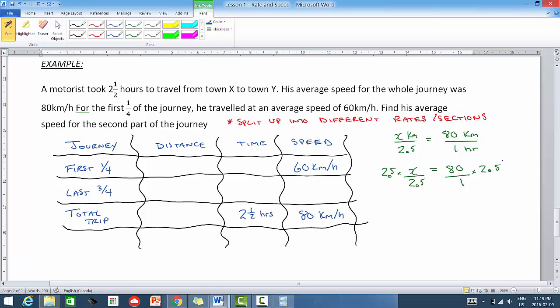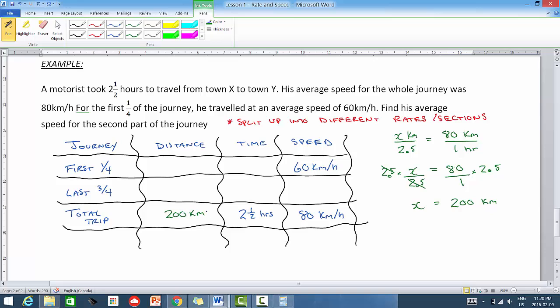So these 2.5s cancel out. We're left with x equals 80 times 2, which is 160, and a 0.5, which is 40. So 160, another 40 is 200. So 200 kilometers. This x comes from up here, x kilometers, 200 kilometers. So we could put 200 kilometers in here.